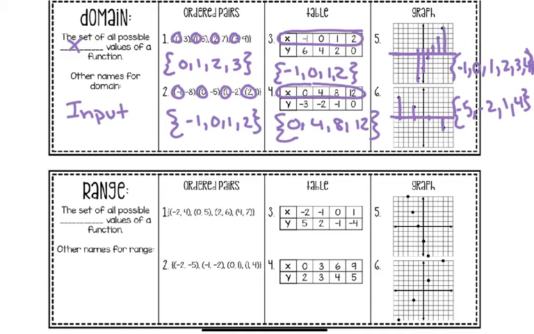Okay, and then the range is just the opposite. It's the set of all the y values, also known as our output. Luckily, these are already in order from least to greatest for us.